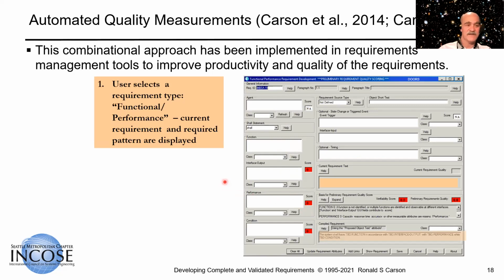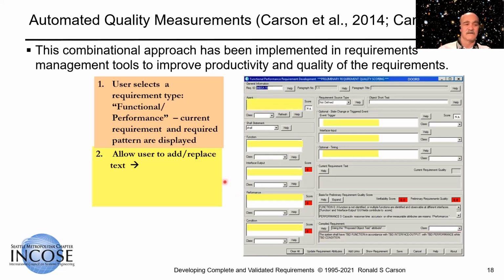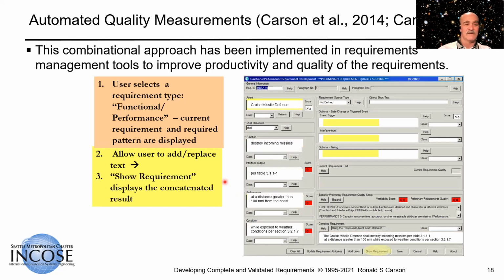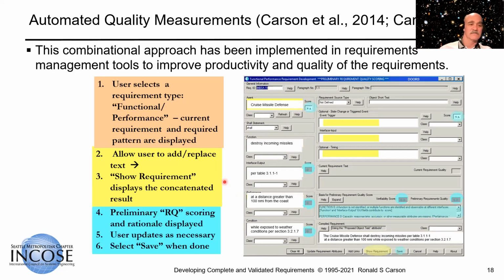And then they would fill in the fields, and then we would concatenate the fields to construct the requirement according to the model, and then show them the requirement and then give them a requirement quality score. Like, you got the wrong element here. That's not the right name of a system. Or you don't have an observable function, or you're missing a constraint on the interface, or there's no performance attribute.